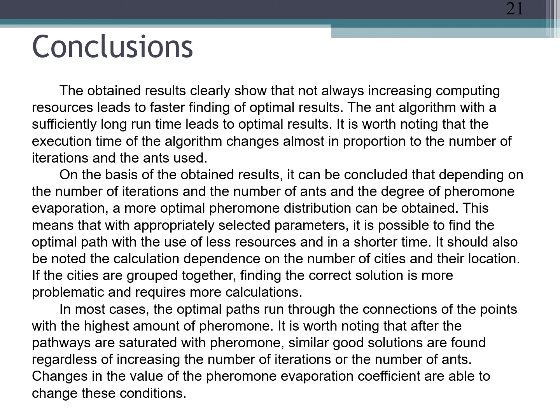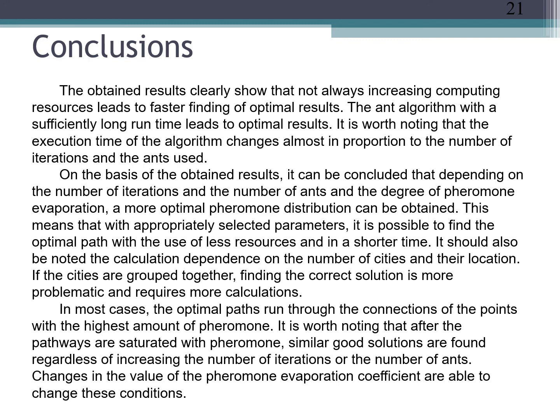It should also be noted that the calculation depends on the number of cities and their location. If the cities are grouped together, finding the correct solutions is more problematic and requires more calculations than when they are distributed evenly. In most cases, the optimal paths run through the connections of the points with the highest amount of pheromone.